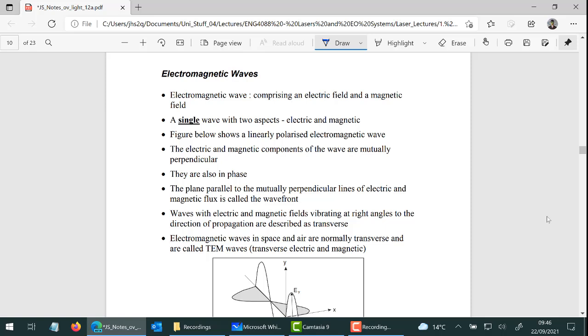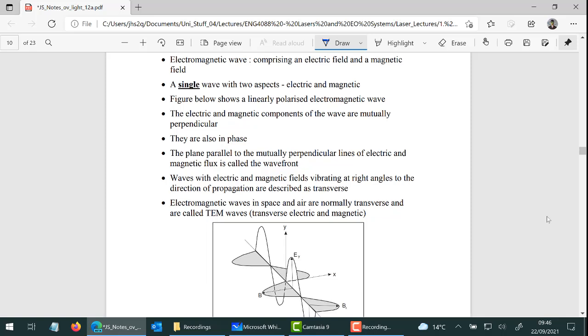Electromagnetic waves, which for lasers and light and optics represent a small region of the electromagnetic spectrum, are described by electromagnetic waves. An electromagnetic wave is a wave which comprises an electric field and a magnetic field. It's not that you have two separate things.